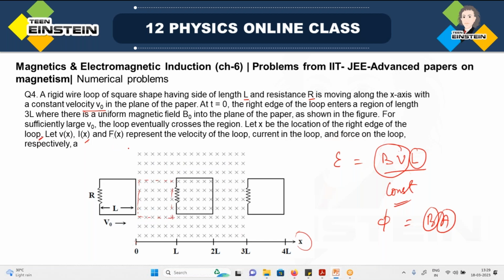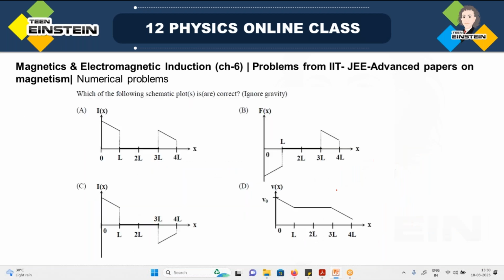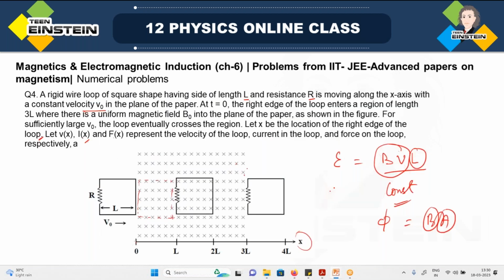So let us see how the magnitude of the induced current changes in different regions. First of all, the magnitude of the current remains constant for all the regions, but the direction of the current changes.